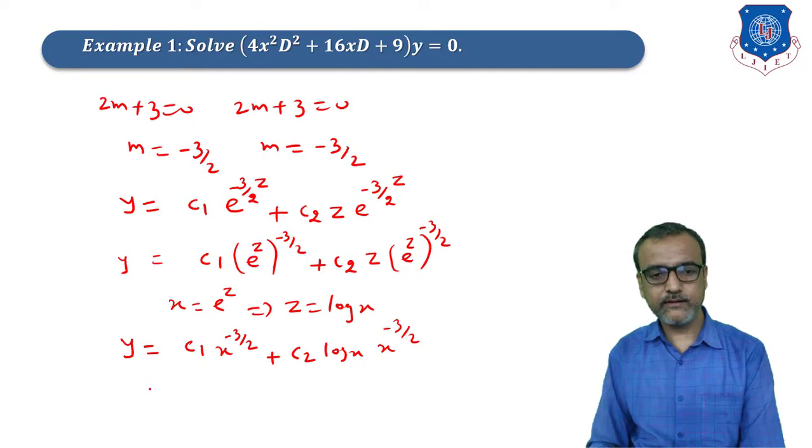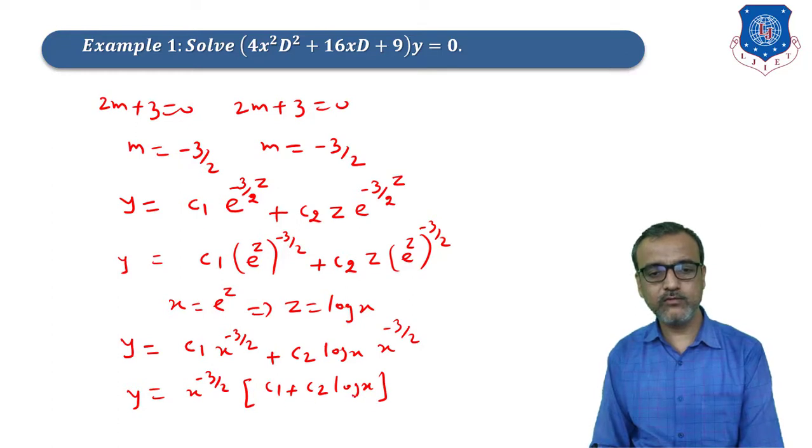Now taking x raised to minus 3 by 2 common, in the bracket c1 plus c2 log x. So y equals x raised to minus 3 by 2 into bracket c1 plus c2 log x. This is the required general solution of the given differential equation.